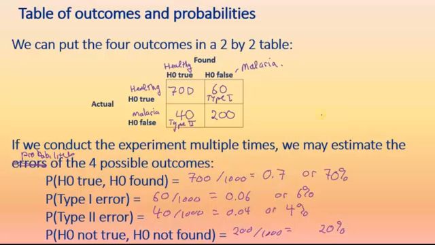So we conclude from these trials where we conduct this test multiple times, we conclude that the probability of type 1 error is equal to 0.06 or 6%.